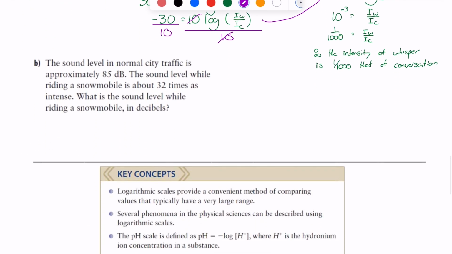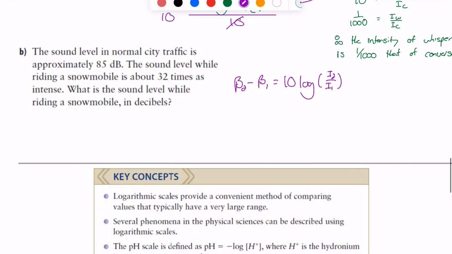All right, B. The sound level in normal city traffic is approximately 85 decibels. The sound level while riding a snowmobile is 32 times as intense. What is the sound level while riding a snowmobile in decibels? So let's set up our problem. Our problem is B2 minus B1 is 10 log I2 over I1. It's giving us that the snowmobile is 32 times as intense.